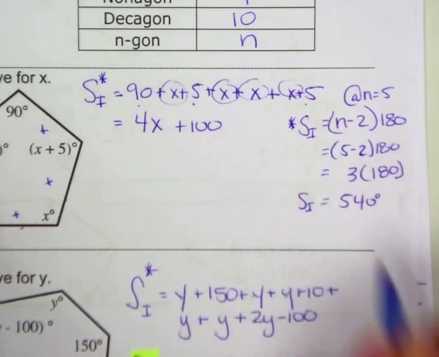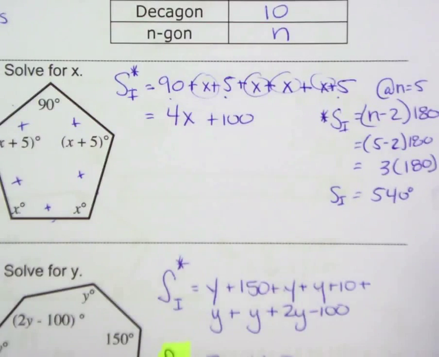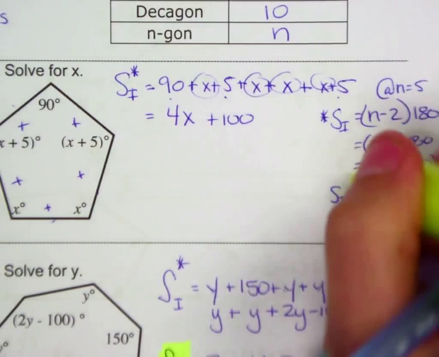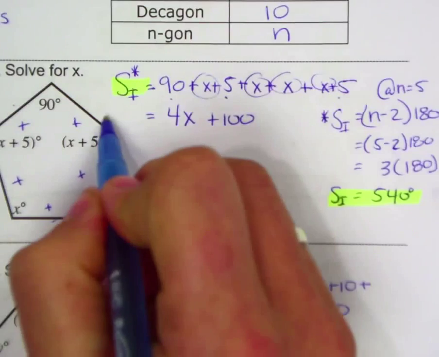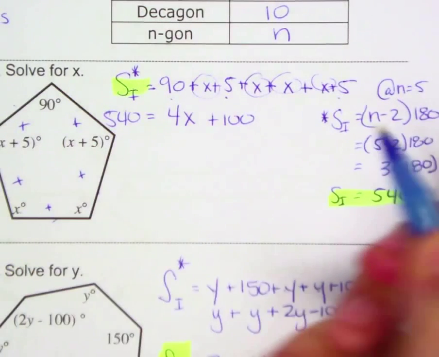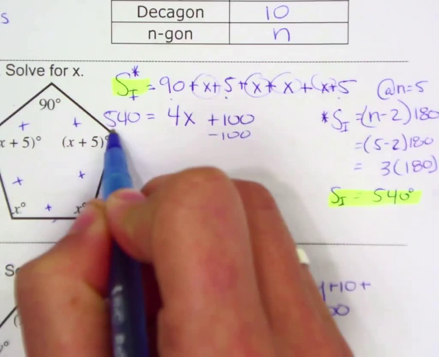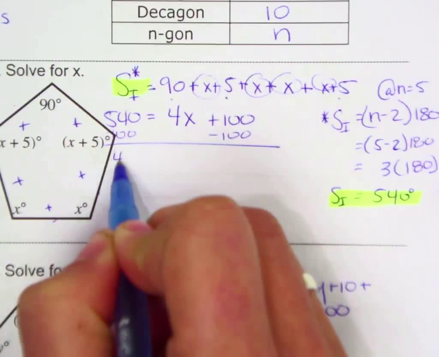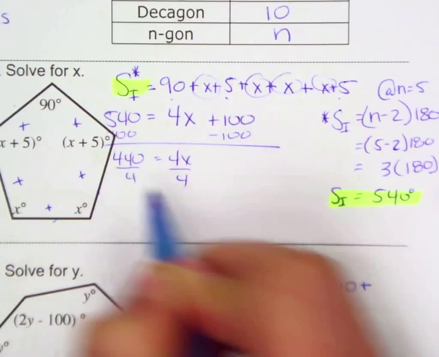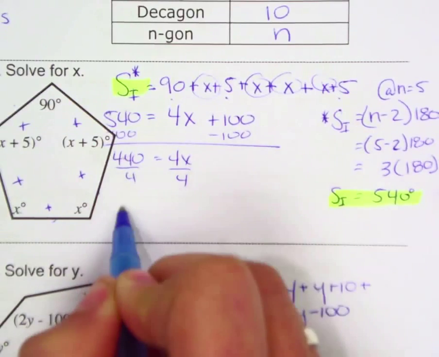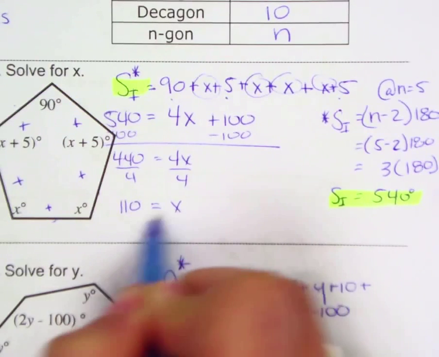So I know the sum of the interior angles is 540 degrees. So I'm going to substitute this in for the sum of the interior angles, 540. Subtract 100 on both sides. 440 equals 4x. Divide both sides by 4, and 440 divided by 4 is 110.